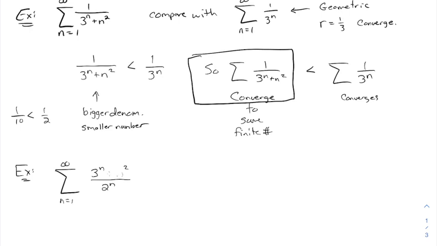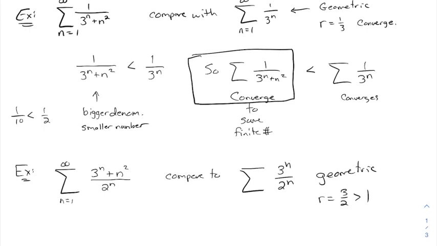If this n squared weren't here, that would be a geometric series. So let's compare it to 3 to the n over 2 to the n. This is geometric. R in this case is 3/2. That's bigger than 1, therefore this thing diverges.